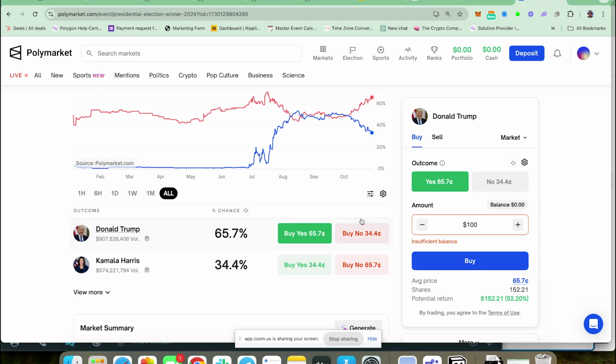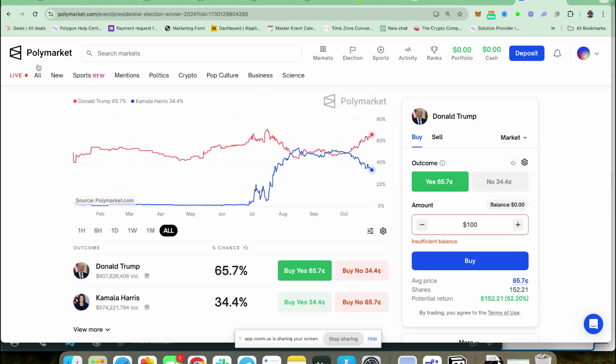Even if the guys from Polymarket decide to close Polymarket, as this is living on a blockchain and on a smart contract, whenever that event happens, boom, funds are automatically distributed to addresses that are linked to the winners and taken from the addresses that are linked to the losers.